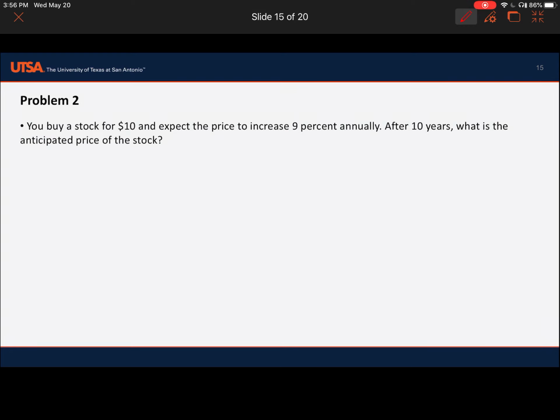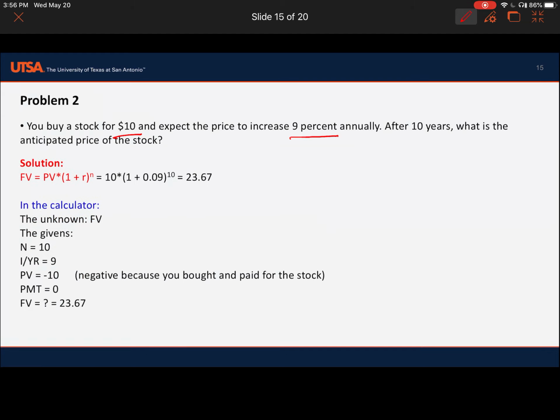And the second problem: you buy a stock for $10 and expect the price to increase 9% annually. After 10 years, what is the anticipated price of the stock? Same calculation. We have present value 10, interest rate is 9%, and number of periods is 10.